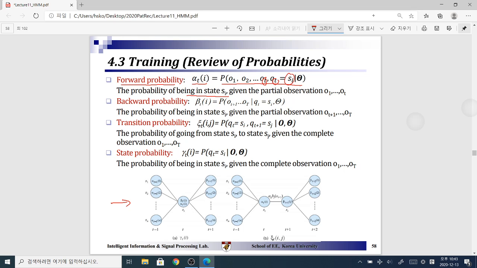In other words, the forward probability, alpha sub t of i, essentially is the probability of being in state s sub i given the partial observation from 1 to t.